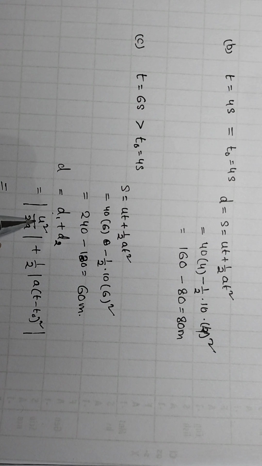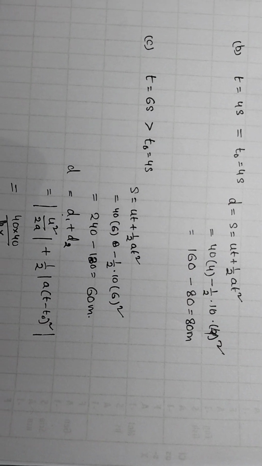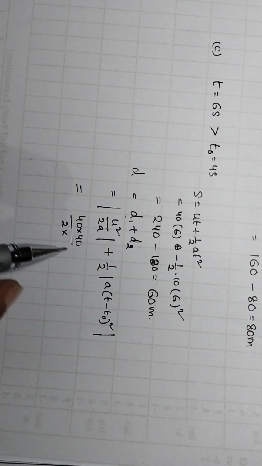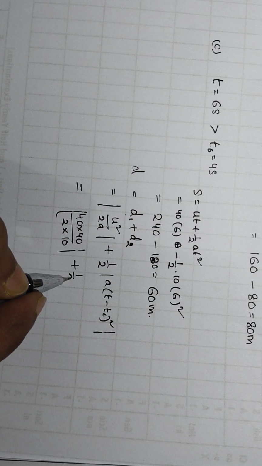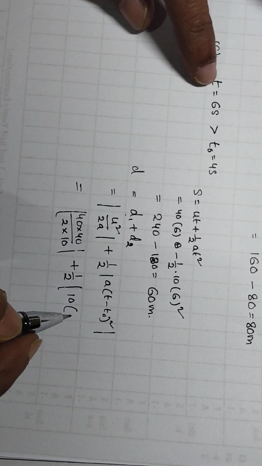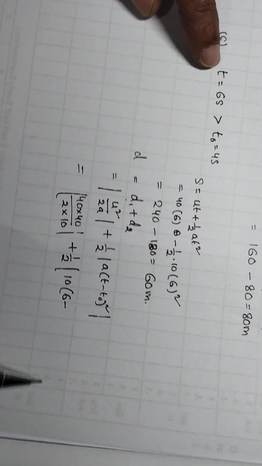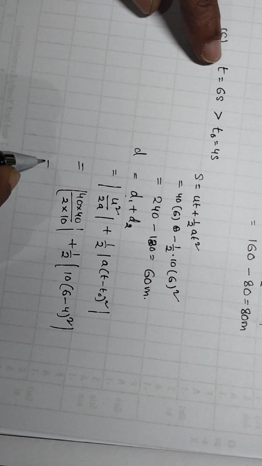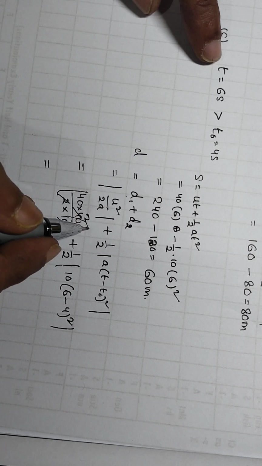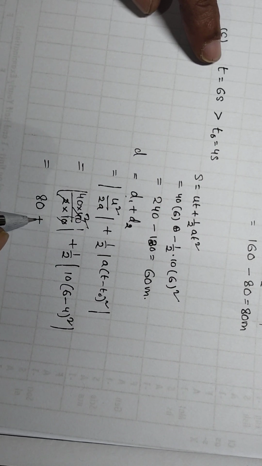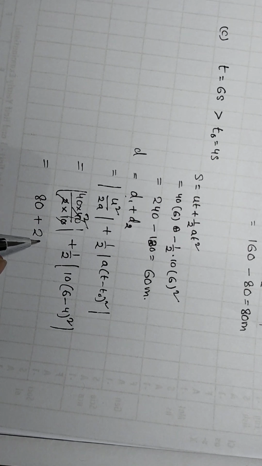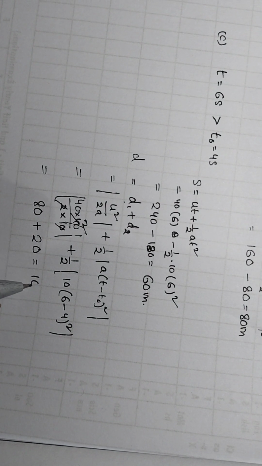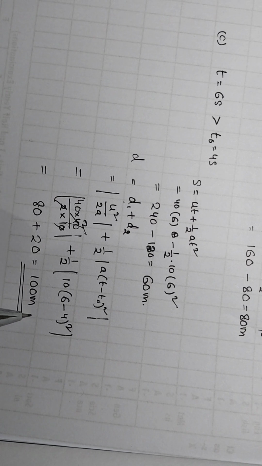Here u square, 40 into 40, by 2 into 10, plus half of a, 10, and the total time t is 6 minus t naught 4 whole square. So this is 80 plus 20, that is equal to 100 meters. So this is the total distance.